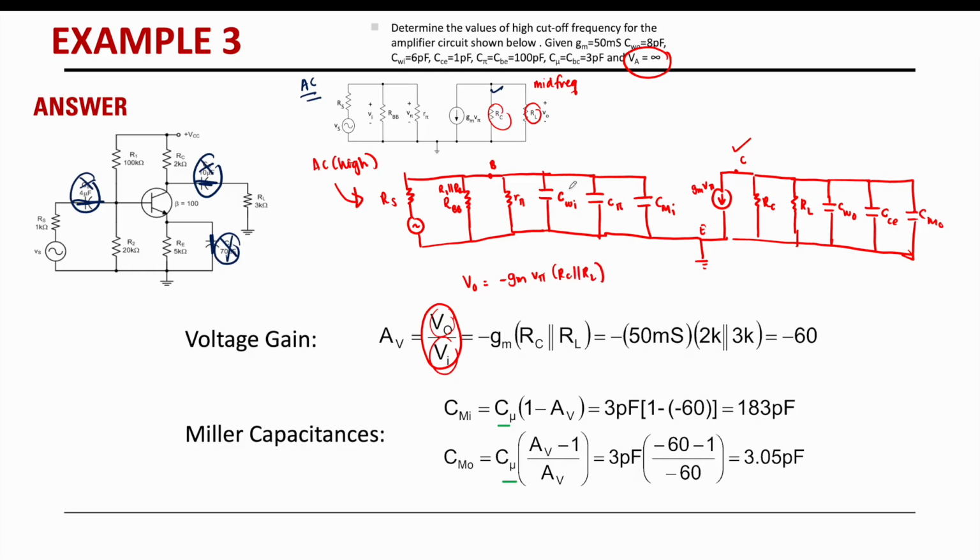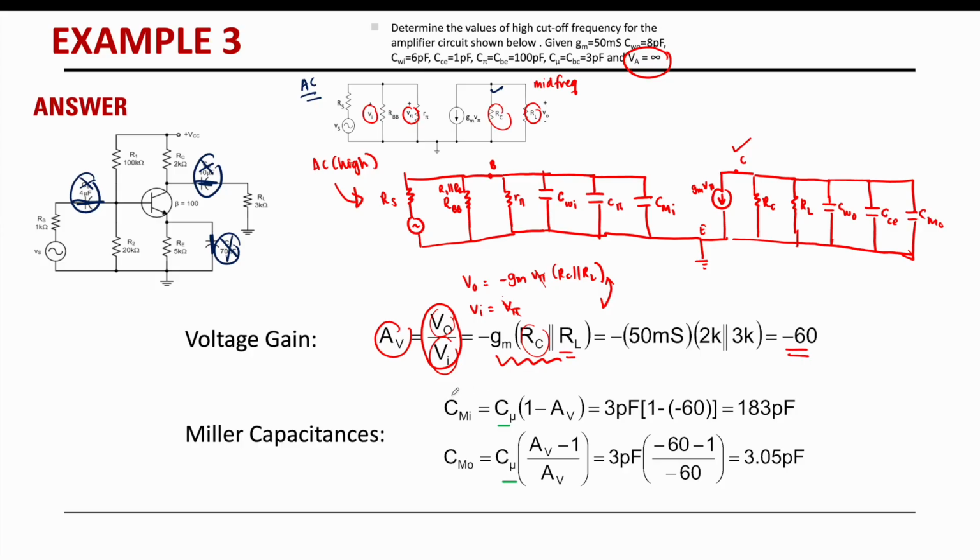Our input voltage V in is parallel with V pi, so V in equals V pi. If we divide both, V pi cancels out, so AV equals negative GM times RC parallel with RL. You will get negative 60.